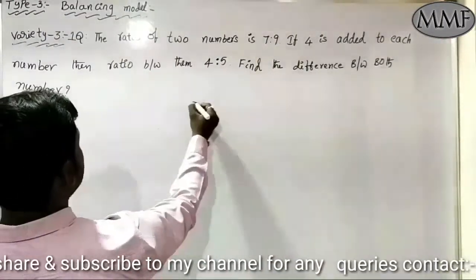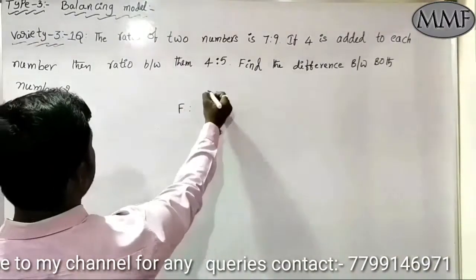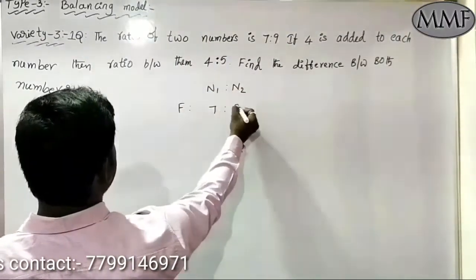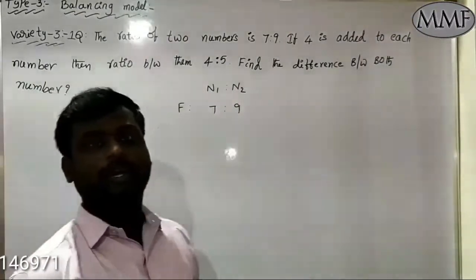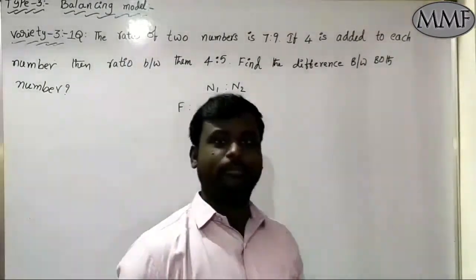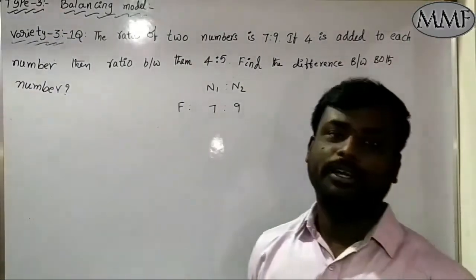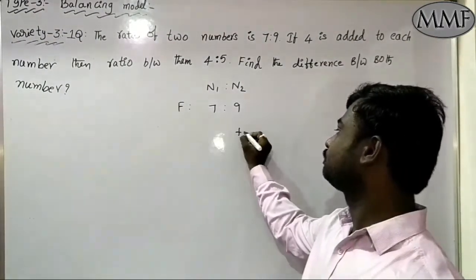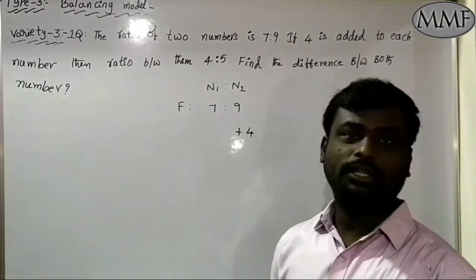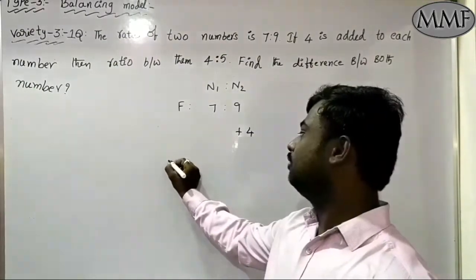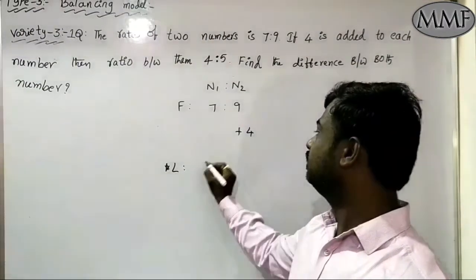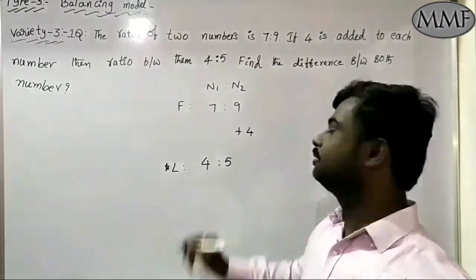If you see here, the initial ratio is our first ratio, number 1, number 2. There is ratio 7:9. But what happened? 4 is added to each number. Then finally, what happened? The ratio is 4:5.